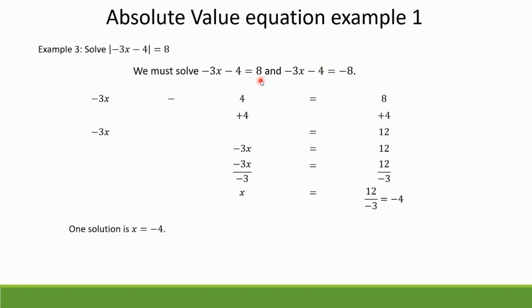From this equation, we have -3x minus 4 equals 8. What do you do? You isolate x. You have to get x all alone. So let's add 4 to both sides. Then we have -3x equals 12.